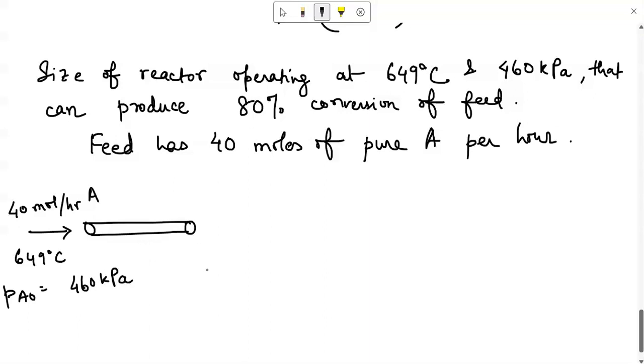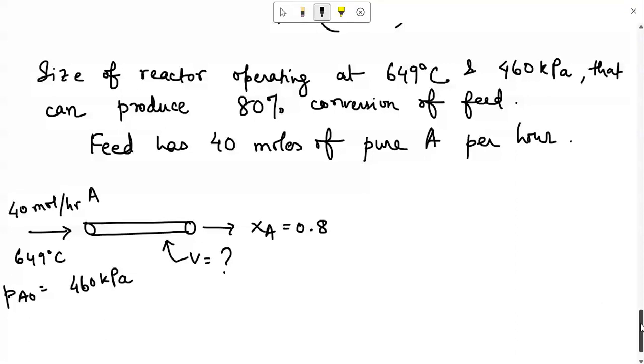At the outlet we want 80% conversion of A, so XA is 0.8. The reaction kinetics is known to us. We need to find the volume or size of the reactor. Essentially this is our problem statement.